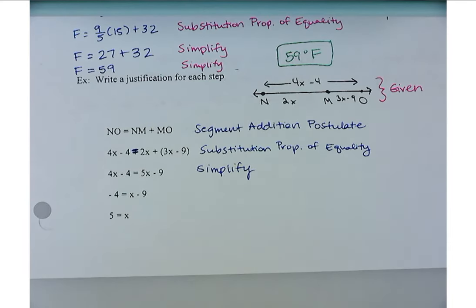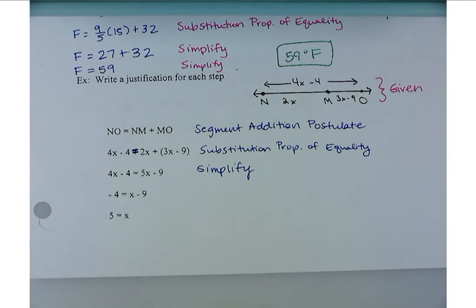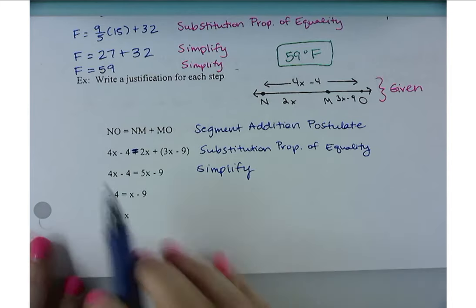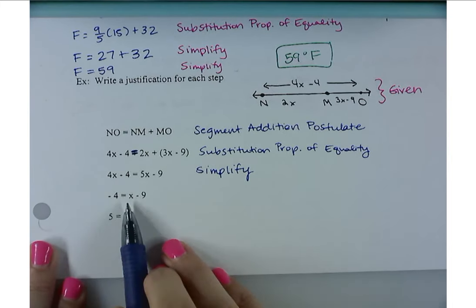Okay, and then Hope, what about from this step to the next step? Good, and what did we subtract from both sides? Yeah, perfect. So we subtracted 4x from both sides, and that's how we got x.